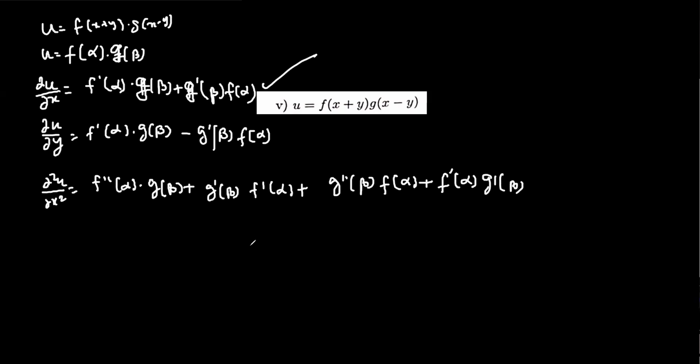Okay. So from here you get f double dash alpha, g of beta plus 2 times g dash beta, f dash alpha, plus g double dash beta, f of alpha. Understood?